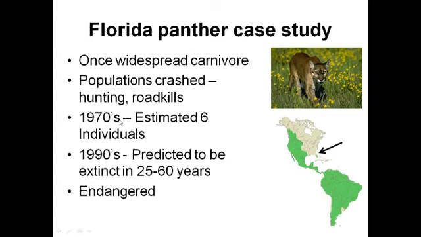In the 1970s, there were only 6 individuals, and scientists who were studying these large carnivores predicted that this really cool large carnivore would be gone in 25 to 60 years. So they listed it as an endangered species, and then they started the recovery program.